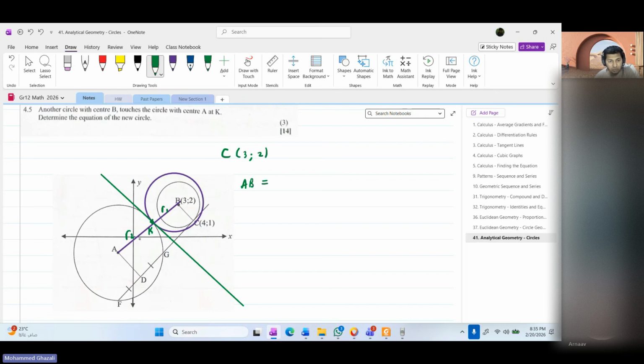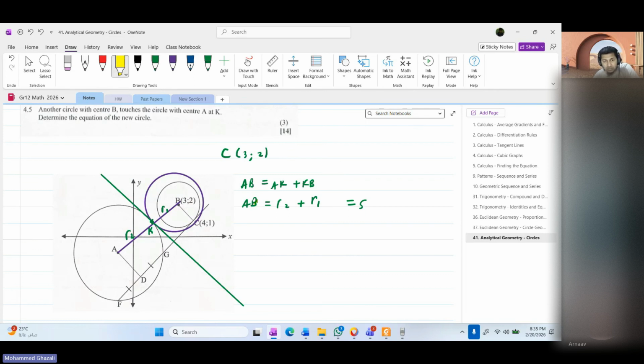AB is equal to AK plus KB, because they are touching circles. AK is radius 2, and KB is radius 1. The total distance AB was 5; we solved that in the previous example.